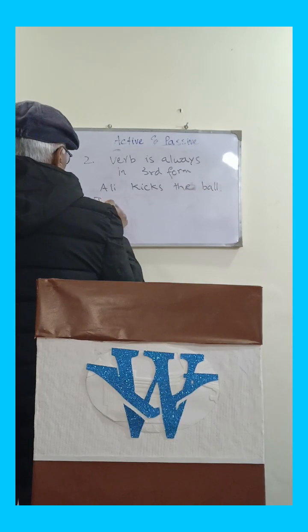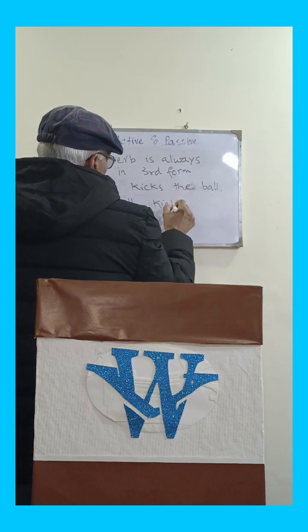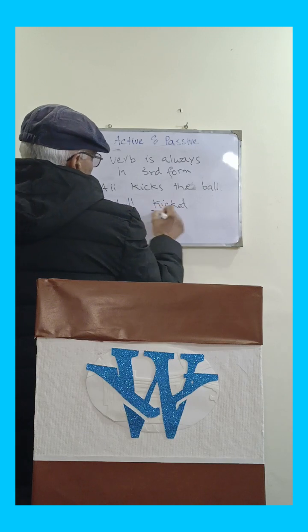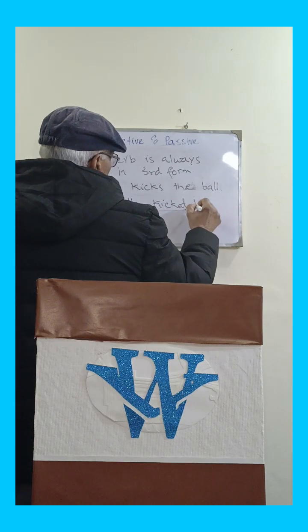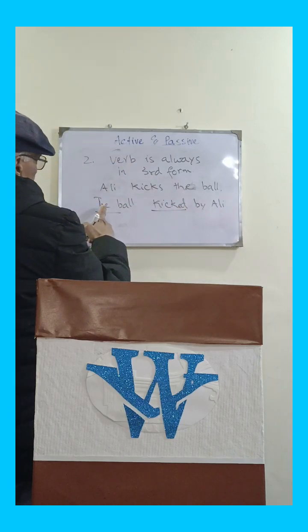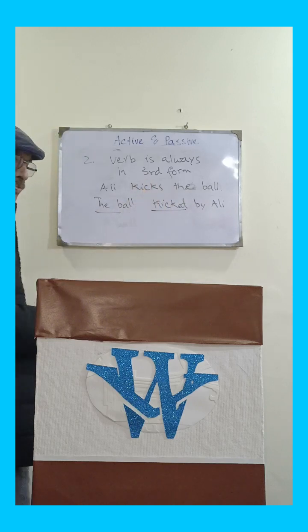So the ball, so kicks will become kicked. Okay, the ball, this is the third form, and by Ali. So this is the same thing here. This is the first thing, that the ball comes here, Ali goes there, and kicks is in third form.